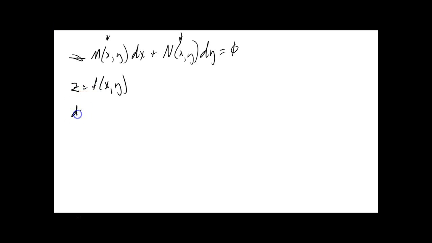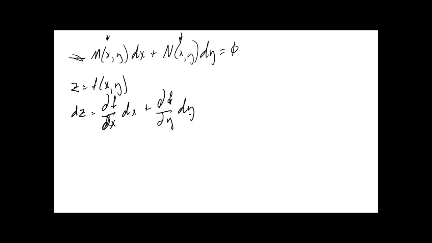If you do dz, that's the differential of z. The differential of z is then the partial of f with respect to x dx plus the partial of f with respect to y dy.